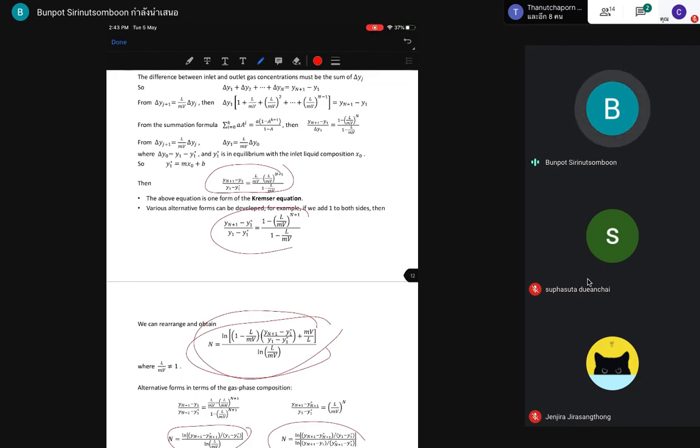But Kremser doesn't tell you anything about the stages in between. It only tells you the composition at the top or the bottom. So keep that in mind.